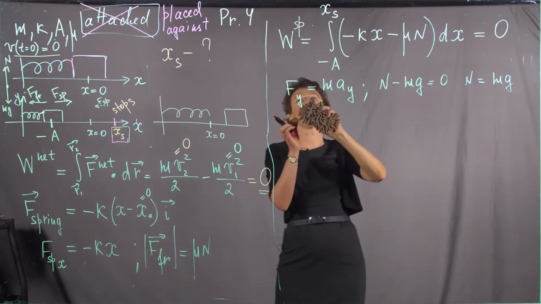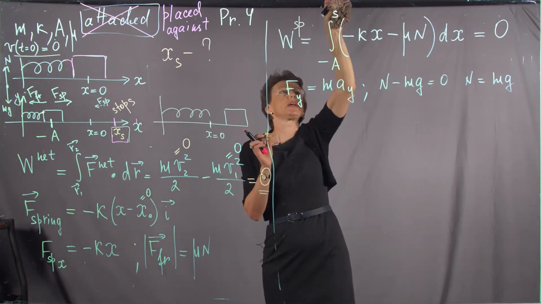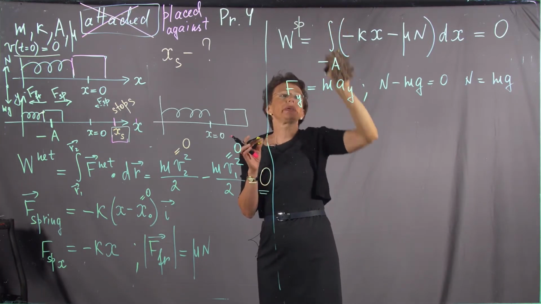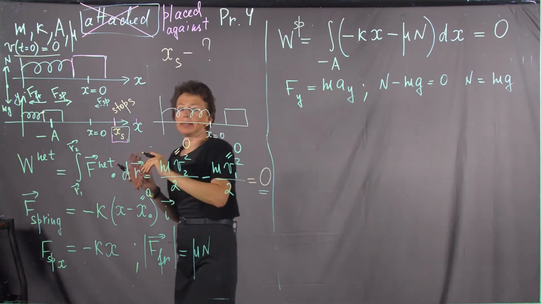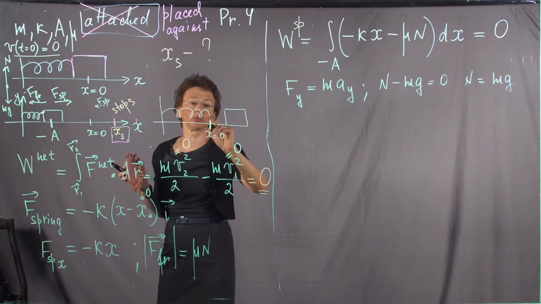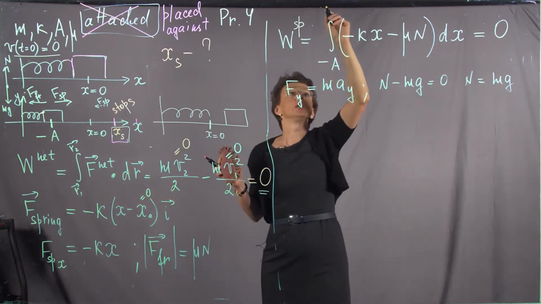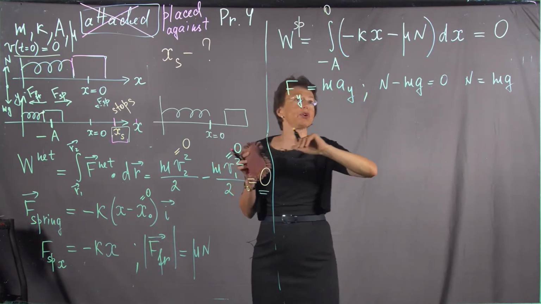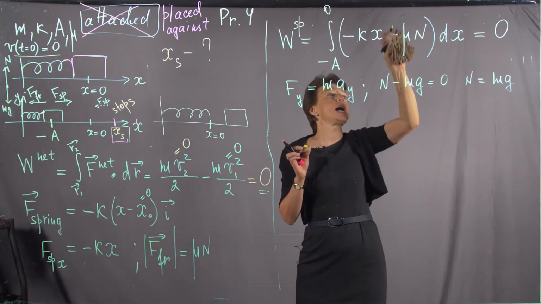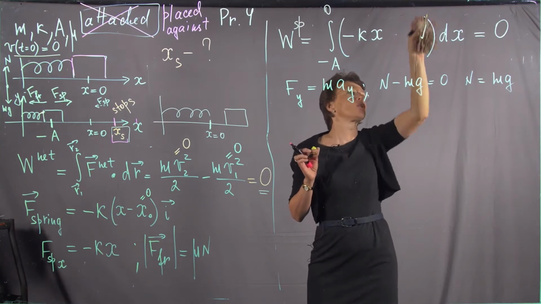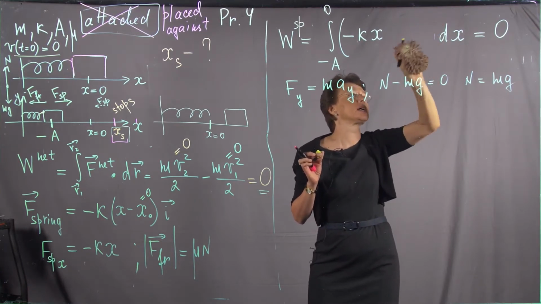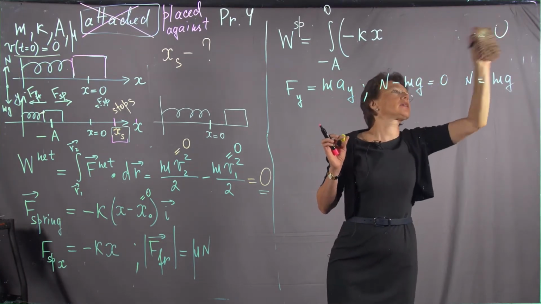What is work done by the spring? It will be from minus A, the spring will return to equilibrium and will not move any further. So it is minus kx for the force of spring, and then dx.